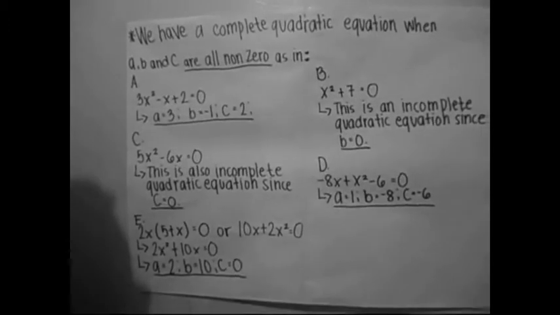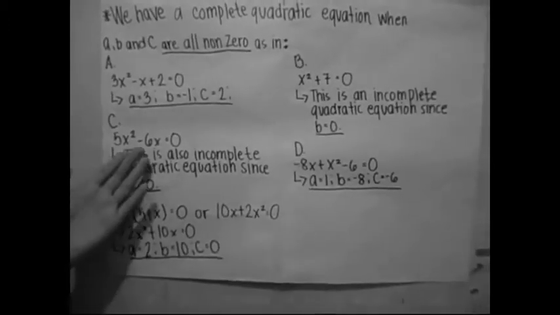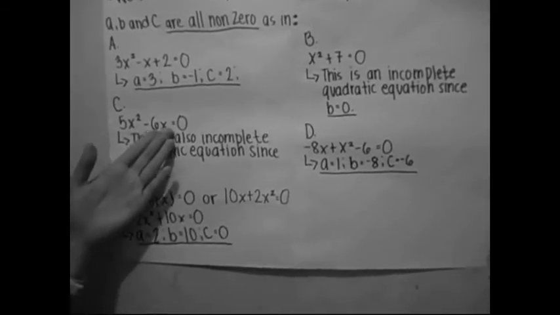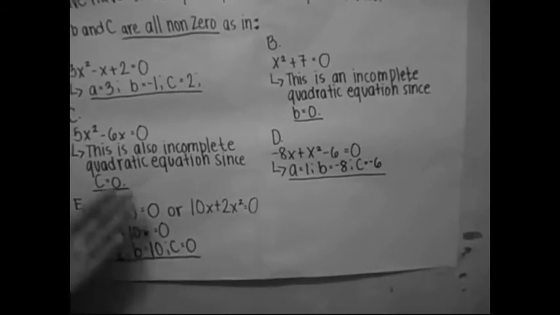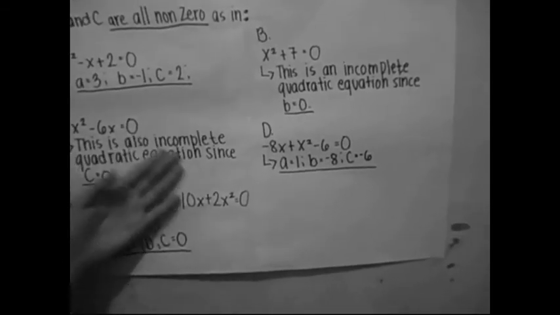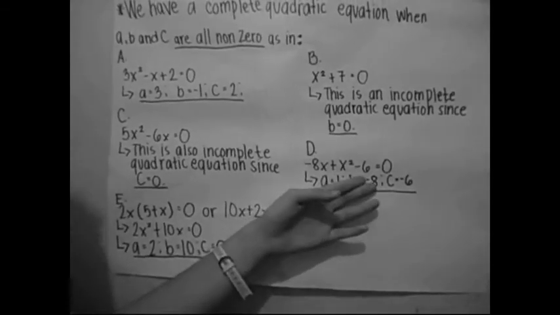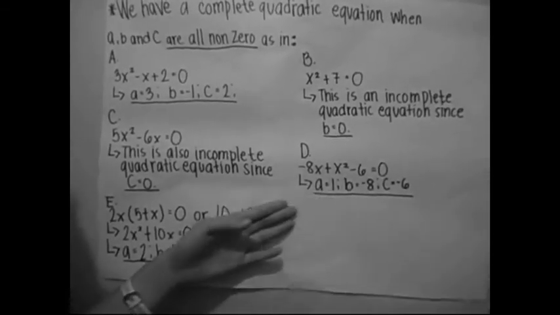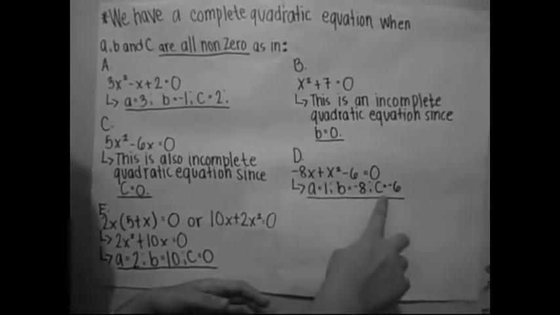This equation is an incomplete quadratic equation since b equals 0. 5x squared minus 6x equals 0. This is also an incomplete quadratic equation since c equals 0. Another example is negative 8x plus x squared minus 6 equals 0, thus making a positive 1, b negative 8, and c negative 6.